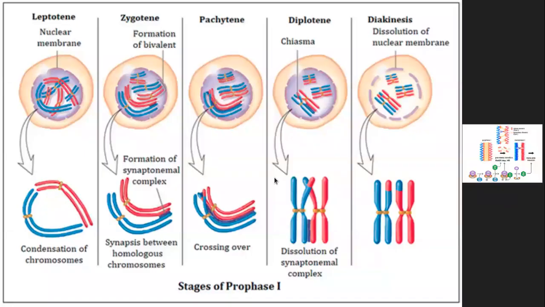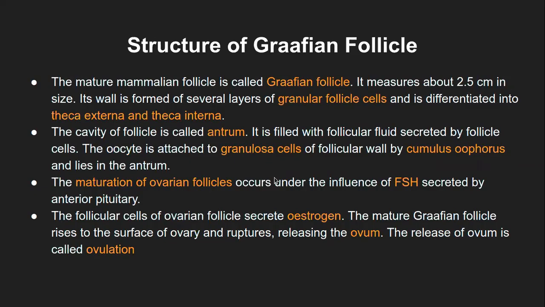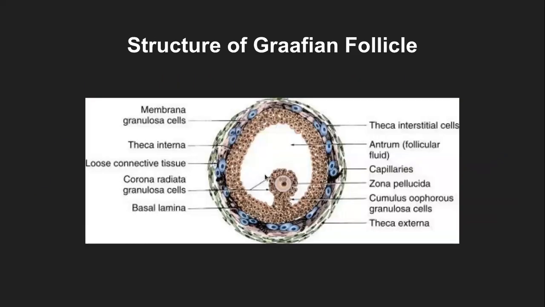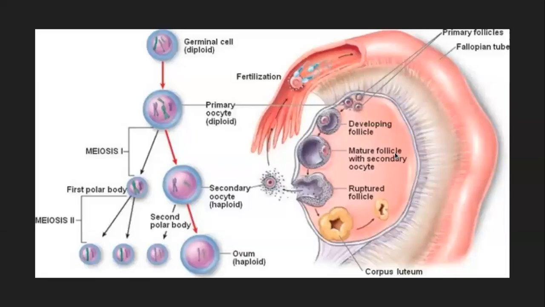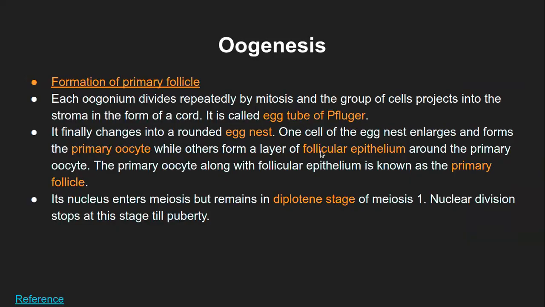What does this mean? Yeah, so this is actually the final structure of the Graafian follicle. What you have here at the center is your gamete, surrounded by several cells, right? If you see, there are 3 distinct layers, and these layers come from the follicular epithelium of the egg nest cells.